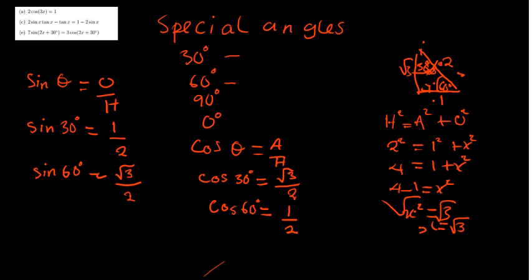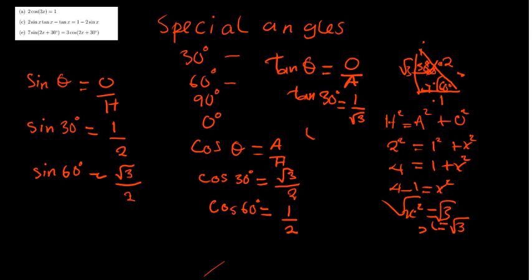Now let's consider the tangent, which is tan. Tan theta is opposite over adjacent. Let's take tan 30 degrees. Considering 30, the opposite is 1 and the adjacent is the root of 3. So tan 30 is equal to 1 over root 3.